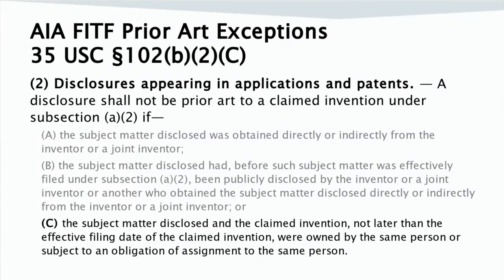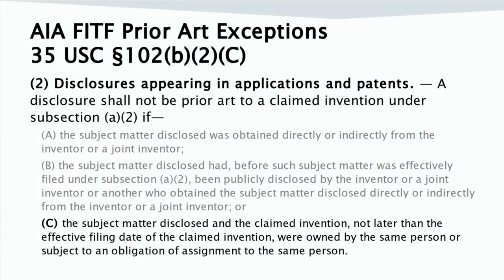The 102(b)(2)(C) exception provides that a disclosure made in a U.S. patent document shall not be prior art to a claimed invention under Section 102(a)(2) if, not later than the effective filing date of the claimed invention, the subject matter disclosed in the U.S. patent document and the claimed invention were owned by the same person or subject to an obligation of assignment to the same person.